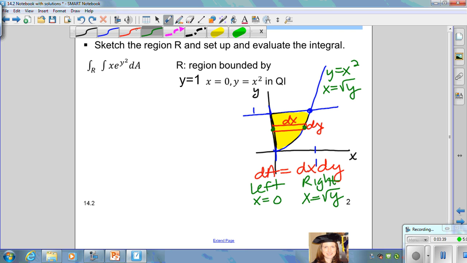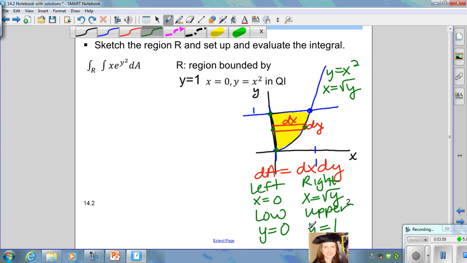Now for the lower bound of y, you slide that rectangle all the way to the bottom, that lowest y is equal to 0, and then you slide that rectangle all the way up to the top to get your upper y is equal to 1.